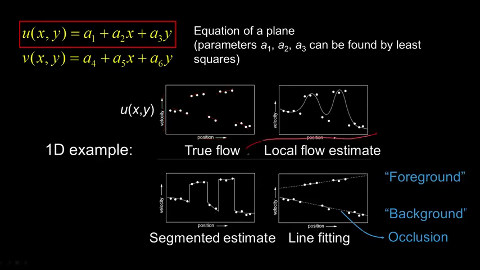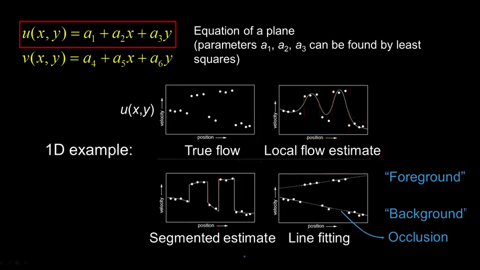The first thing you do is a local flow estimate, Lucas-Kanade everywhere, let's say. That gives you some vectors. Now, those vectors are not perfect. They are what they are. What you do then is you take a look at those values. Where do I see big jumps? I see a jump there, I see a jump here, I see a jump here, I see a jump there. And I break that up into those segments.